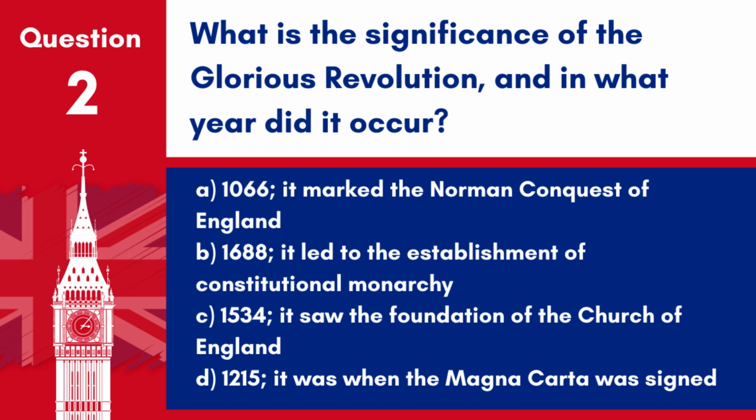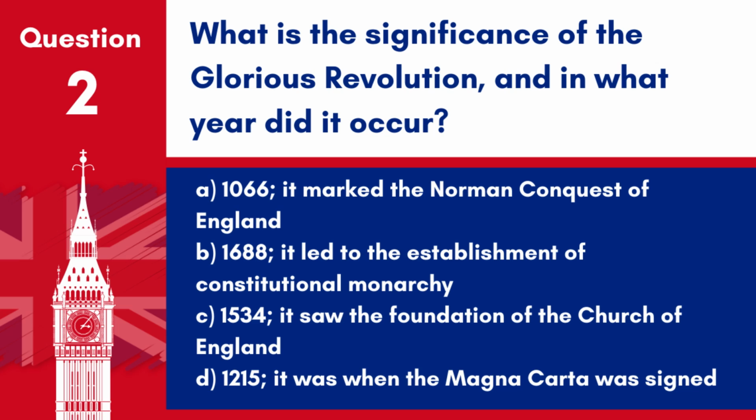Question 2. What is the significance of the Glorious Revolution, and in what year did it occur? A. 1066. It marked the Norman conquest of England. B. 1688. It led to the establishment of constitutional monarchy. C. 1534. It saw the foundation of the Church of England.